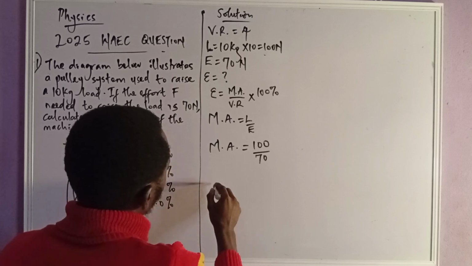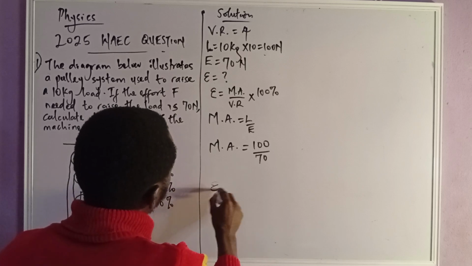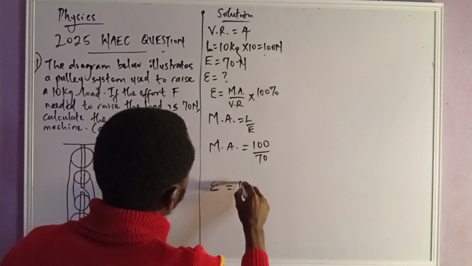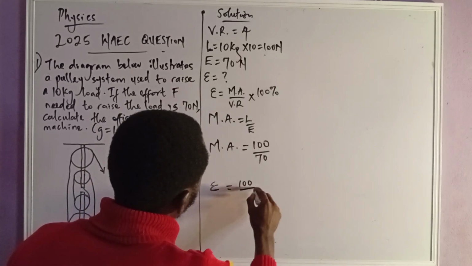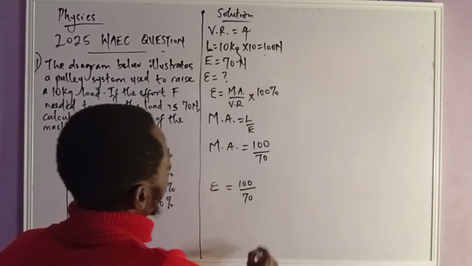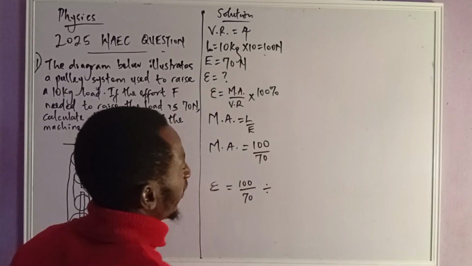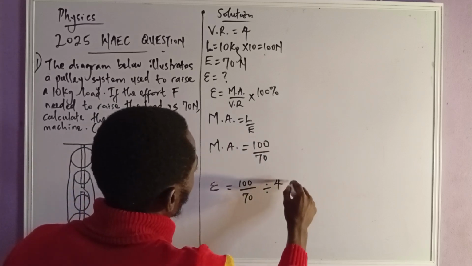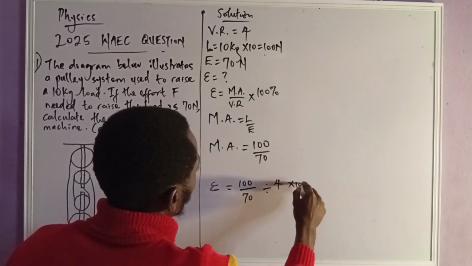So here I go. Efficiency is given as 100 divided by 70, and the fractional division line, I'll represent it with a division like this. What is my velocity ratio? 4 multiplied by 100%.